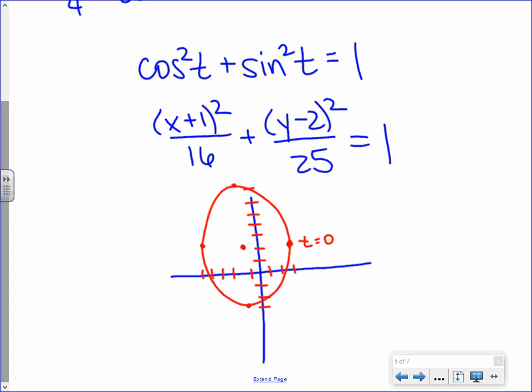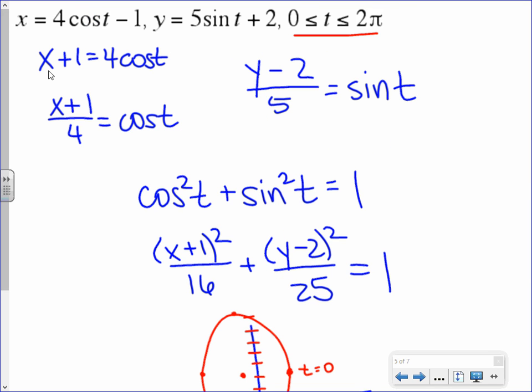What would you like to plug in next? Pi over 2 would be excellent.